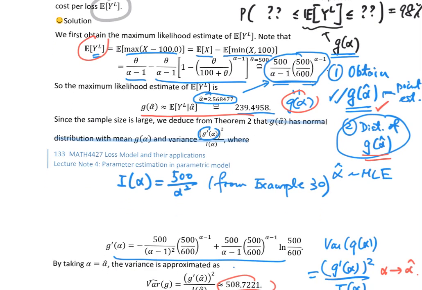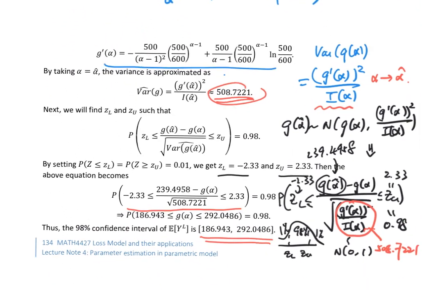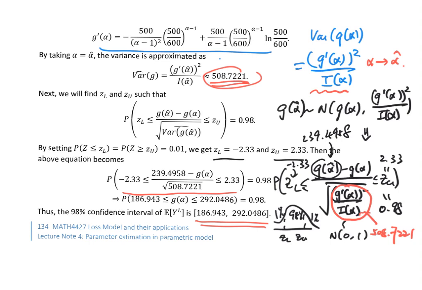Then after this, you can set up your probability like that and find your critical value, and at the same time you also approximate the variance by putting alpha equal to the MLE and then estimating your variance. Okay, so that you can find your confidence interval successfully. So this is just a summary of the procedure for finding this confidence interval.